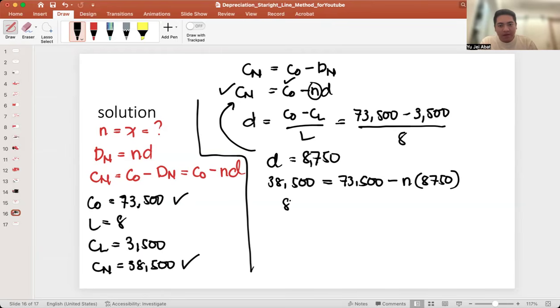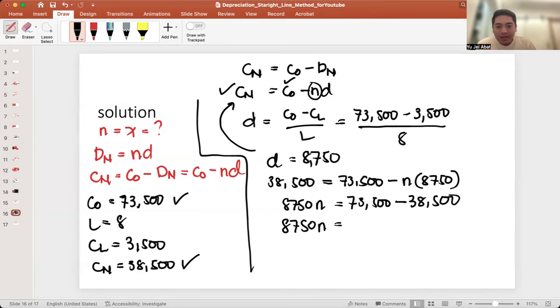We have 8,750 times N equals 73,500 minus 38,500.